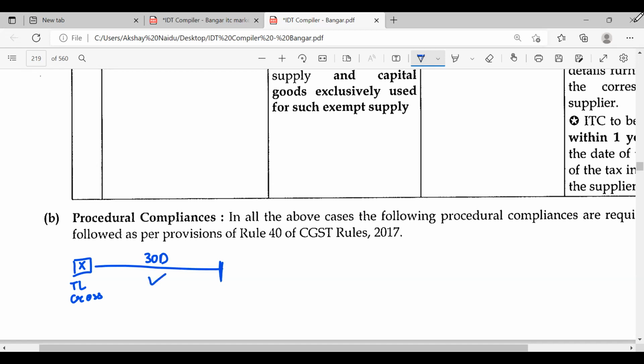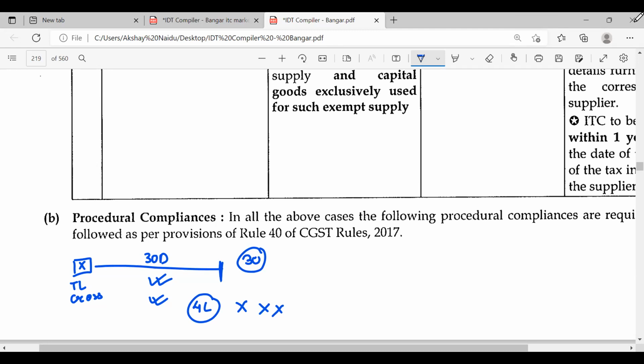Ma'am, here I have applied, you would get input ITC, but you have applied after 30 days. So what is the penalty? No input available now. Even the 4 lakh rupees of input I was having, you cannot avail ITC. Why? Late registration. Why have you filed after 30 days? So it is a kind of penalty that I will not get the ITC. I will not get the ITC.